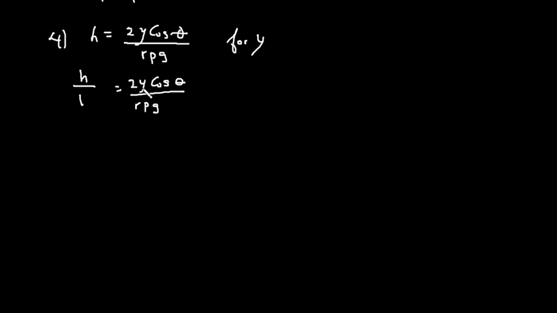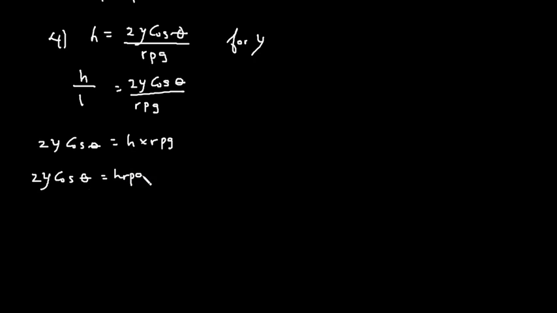So 2 gamma cos theta multiplied by 1 will give us 2 gamma cos theta is equal to h times r rho g.